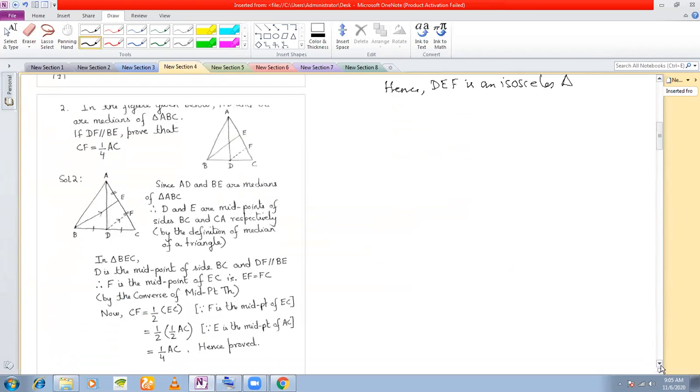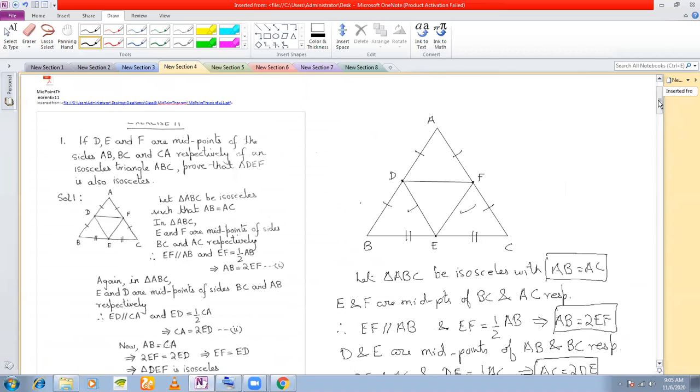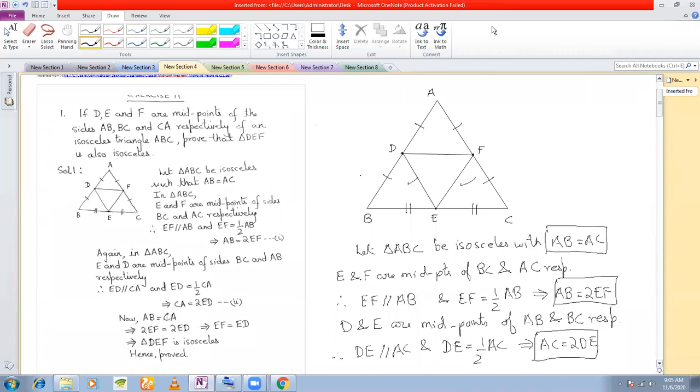Next problem. Now, just a variation of this problem that is given in the textbook: how to prove that DEF is an equilateral triangle, given that this triangle ABC is equilateral. Then how will you prove?